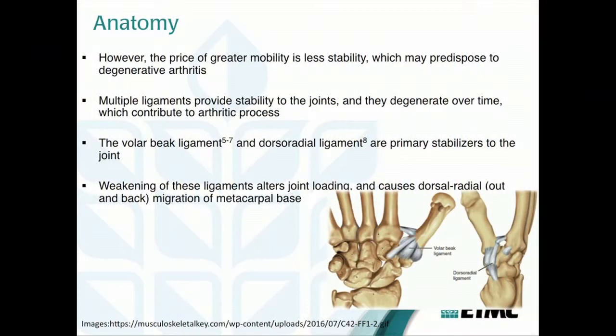If I were to take my palm and look at it, this is on the palm side of it. And then the other ligament is called the dorsal radial ligament. This is kind of on the side and slightly on the back side of it. But those 2 ligaments are the 2 most important ligaments in this area, even though there are many more ligaments that contribute to the stability. So weakening of these joints alters joint loading and causes dorsal radial, which means out and back, migration of the metacarpal base.